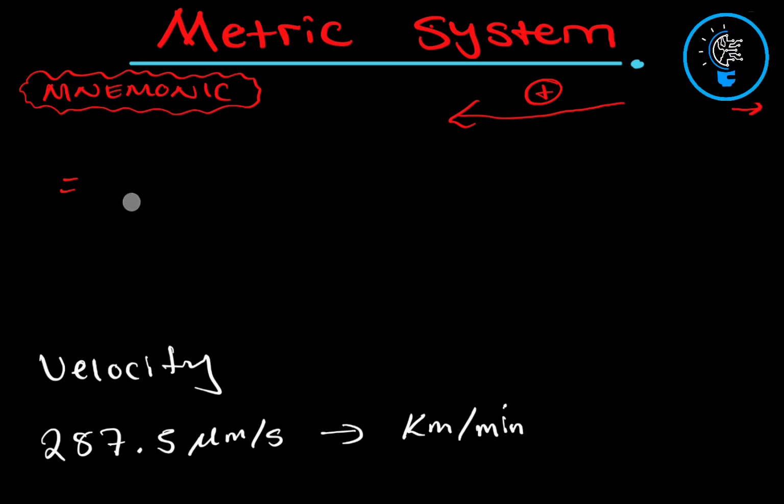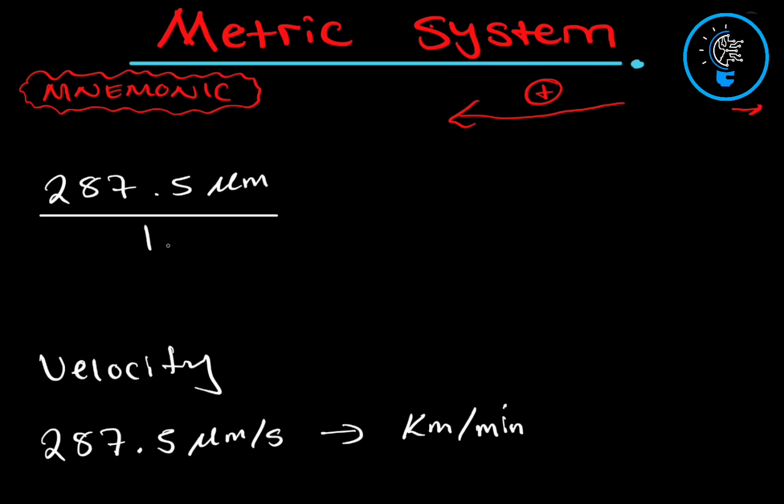To convert this one, we know that we have two units in it. It's a derived unit, by the way. So we're going to begin by writing the given value, micrometers per second. Let's begin with the meters. First we need to convert them into the base unit.